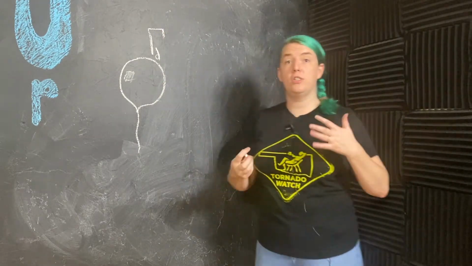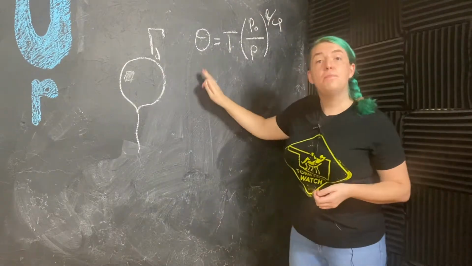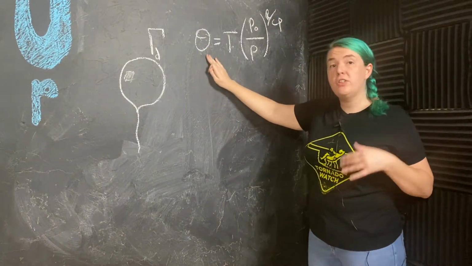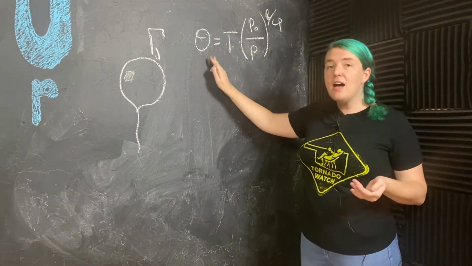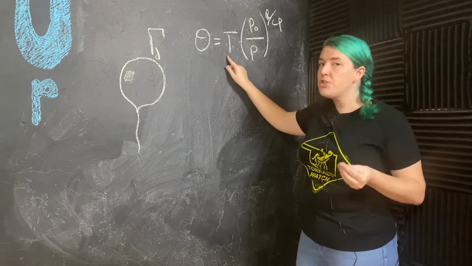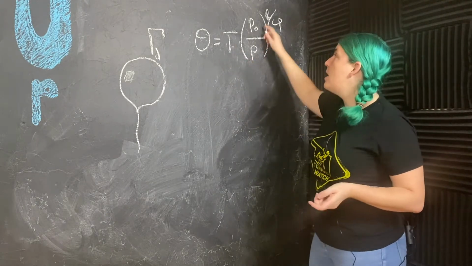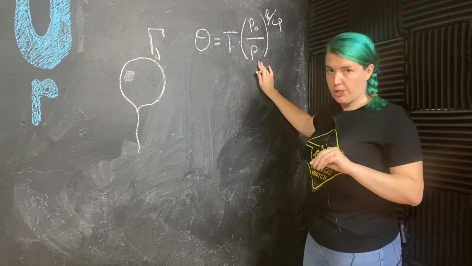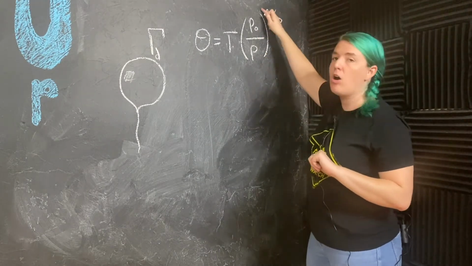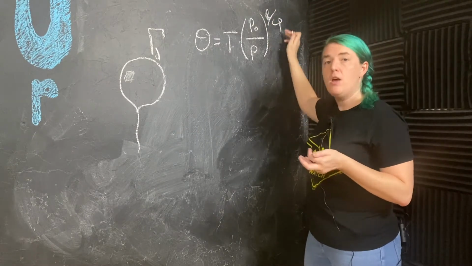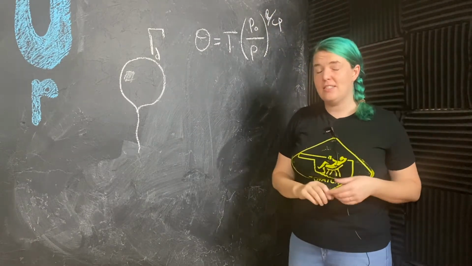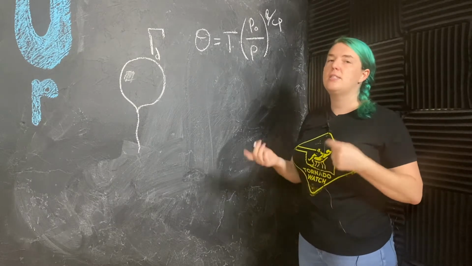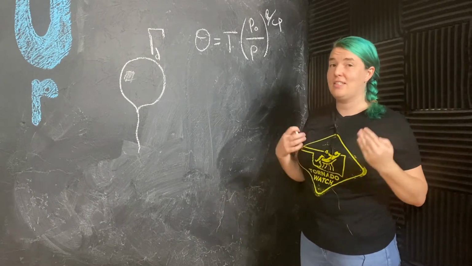Mathematically, potential temperature, which we generally represent as the Greek letter theta, is equal to actual temperature times a reference pressure divided by actual pressure, raised to the power R over Cp. R is the dry gas constant and Cp is specific heat capacity at constant pressure.